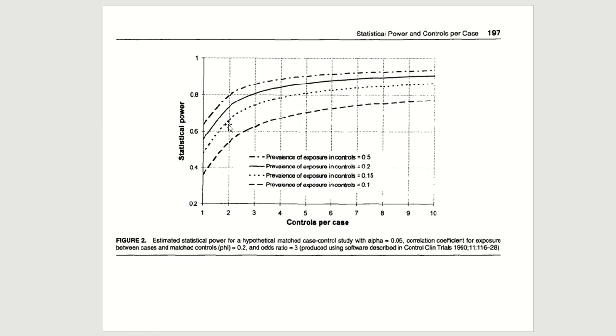You're really benefiting a lot from getting more controls. But once you hit 4, the line is still going up, but not that much anymore. So the effort, the time, and the expense that you're putting into getting one additional control per case is not really getting you that much power. So when I said the power gain is plateauing, this is what I'm saying.